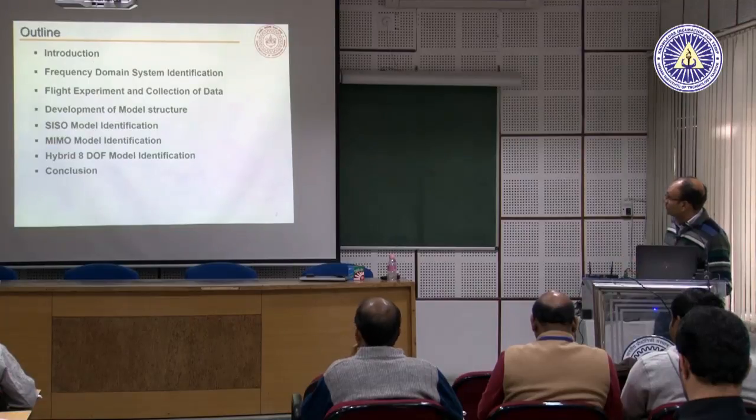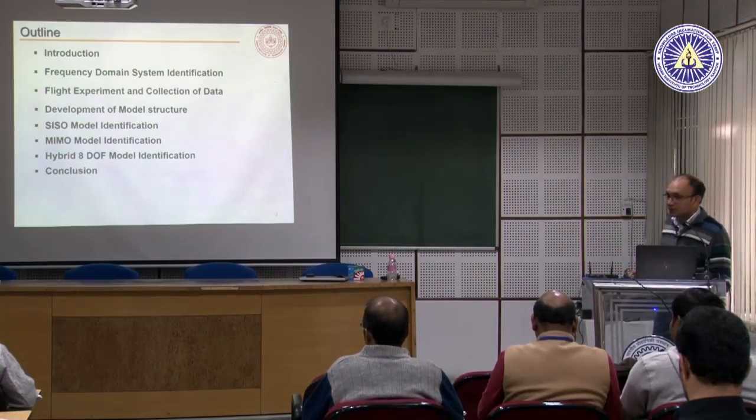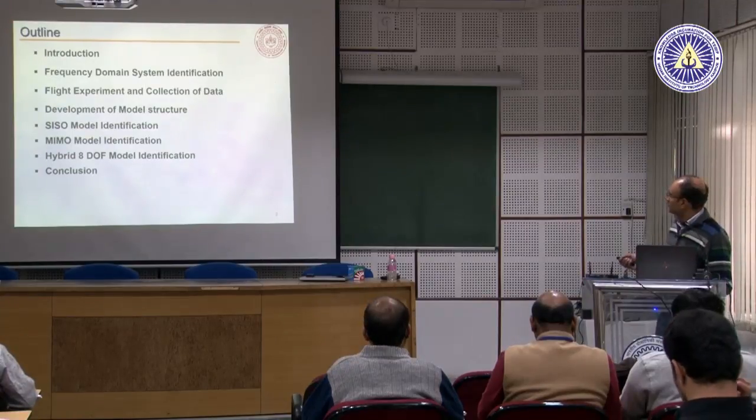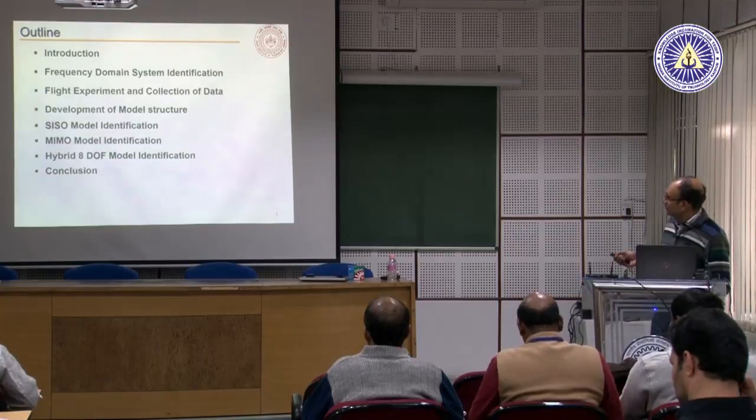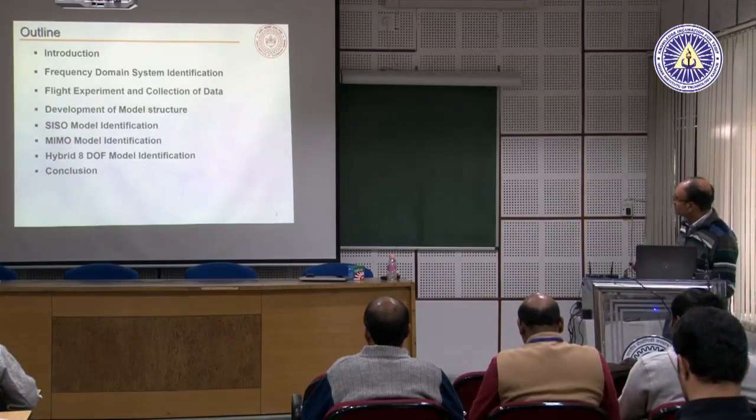So, what we are using is frequency domain system identification. The ideas are similar, the approach is slightly different. I will go into the details of this particular method, which is what we are employing right now.